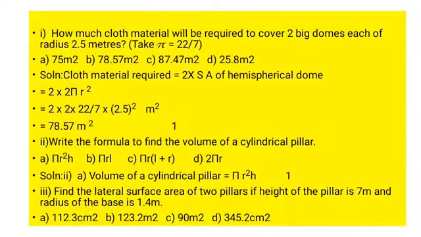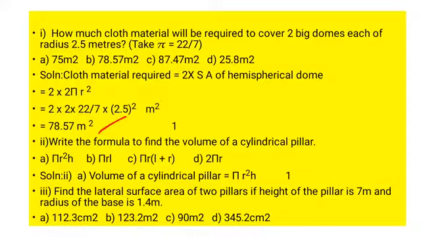Question number 1 is, how much cloth material will be required to cover 2 big domes, each of radius 2.5 meters? The formula of surface area of hemispherical dome is 2 pi r square. Therefore, cloth material required is 2 into surface area of hemispherical dome, that is 2 into 2 pi r square, and we will get 78.57 meter square on solving.